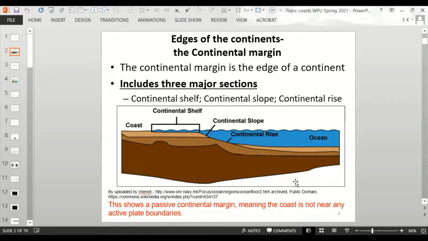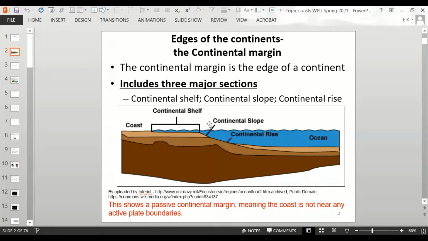Now this particular diagram shows you a passive continental margin, meaning that this coast is not near any active plate boundaries. When you have a coastline near an active plate boundary, you're going to have a steep trench. For example, if you're talking about off the coast of South America, the west coast by the Andes Mountains, you have a subduction zone there.